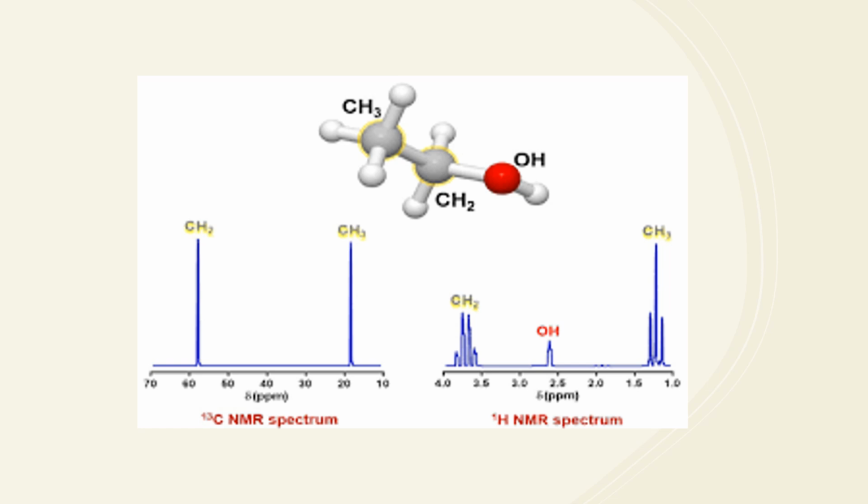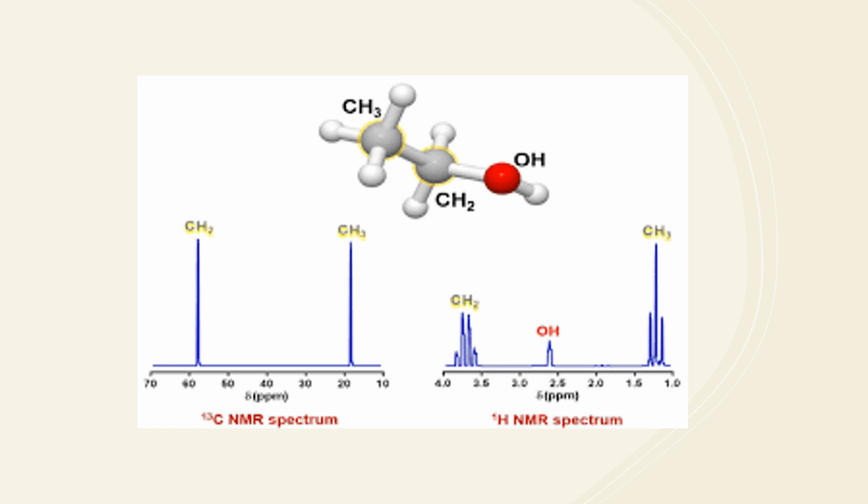Finally, the peak around 4.0 parts per million corresponds to the other CH2 group in the molecule. The integration value again indicates 2 protons. The splitting pattern here is a quartet, which occurs due to coupling with the 3 equivalent protons from the adjacent CH3 group.